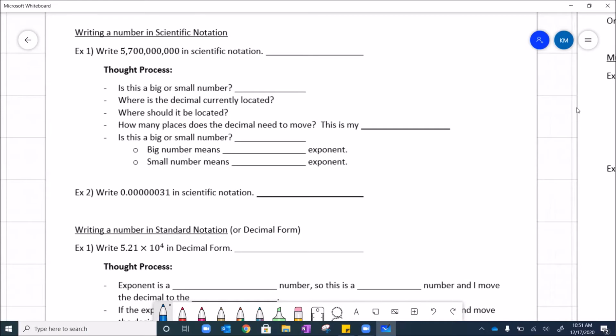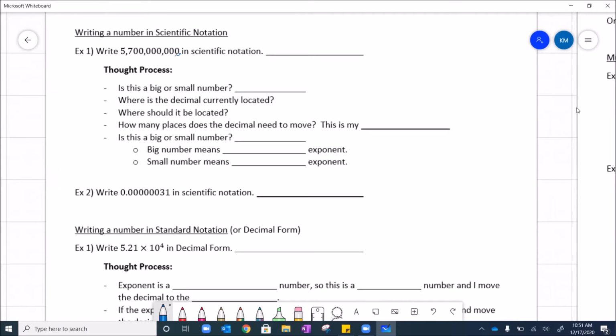All right, so our first example says write a number in scientific notation, and we're given this number, which is hundreds, thousands, millions, billions. Okay, so $5.7 billion. How will we write that in scientific notation? Since our rule tells us that a has to be greater than or equal to 1 and less than 10, we will move this decimal point over until it's in a place that makes the a greater than or equal to 1 and less than 10.